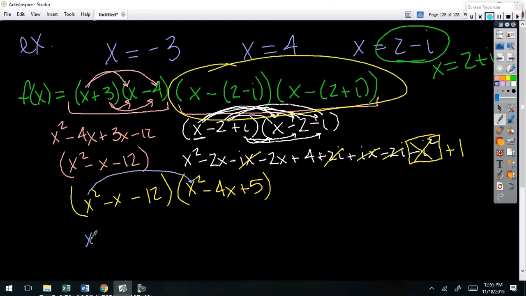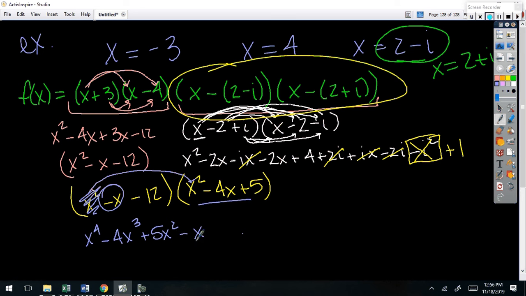x to the 4th. Minus 4x to the 3rd. Plus 5x squared. And what I do when I'm doing big polynomials like this is I'll scratch it out as soon as I get done with it so it doesn't confuse me so I know what's left to distribute. Now what I'm doing is I'm taking a negative x to everything here.